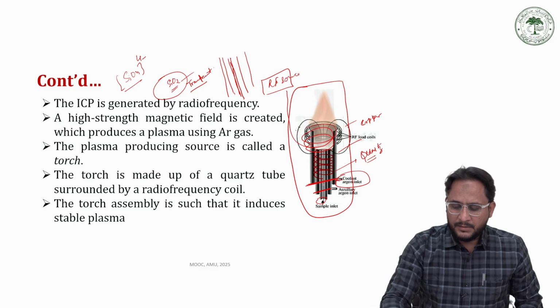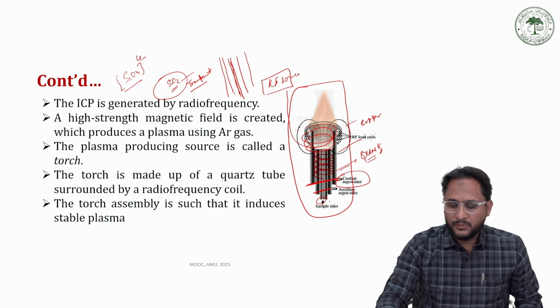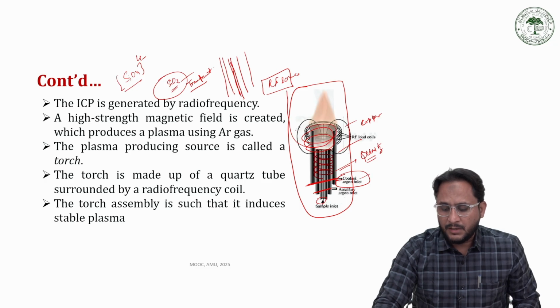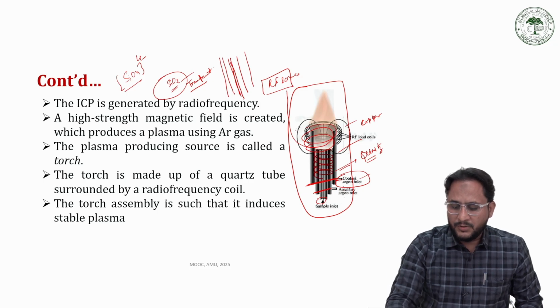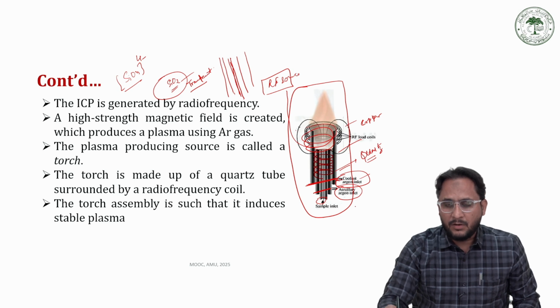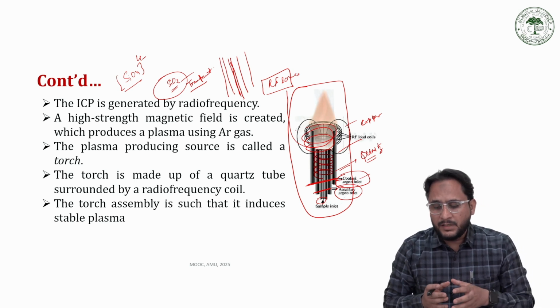Then we have, as I said, 3 concentric tubes of quartz. The outermost tube is used for passing coolant argon gas to maintain the temperature. Then the middle, the second concentric quartz tube, is used for passing auxiliary argon gas. The purpose of passing this auxiliary argon gas is to create a plasma.